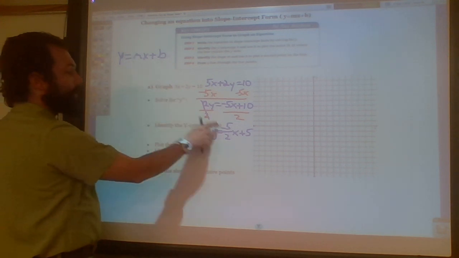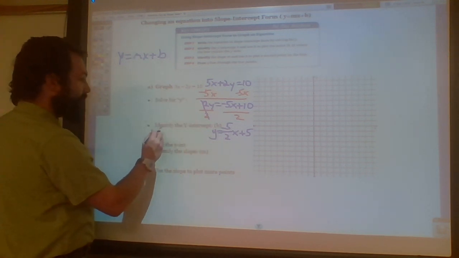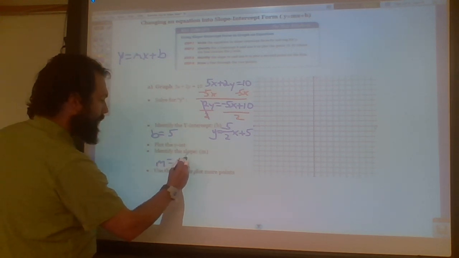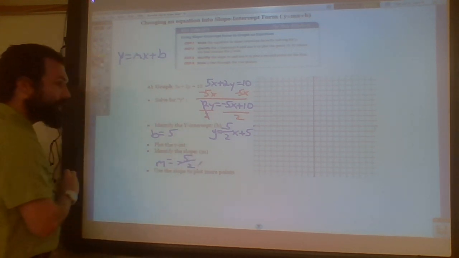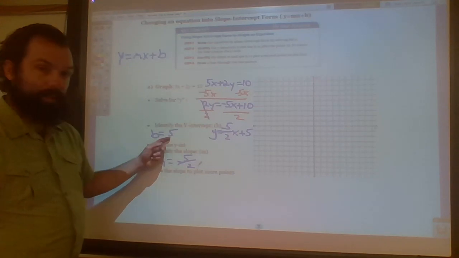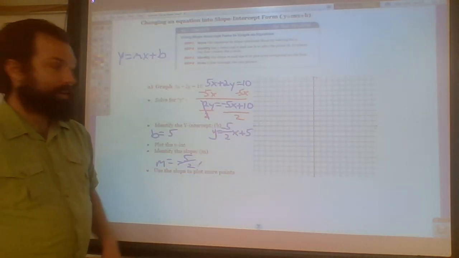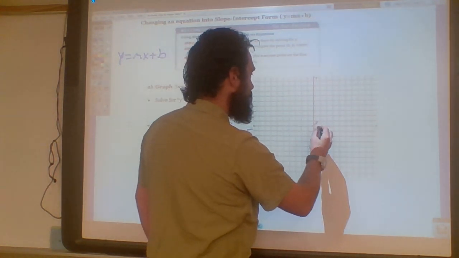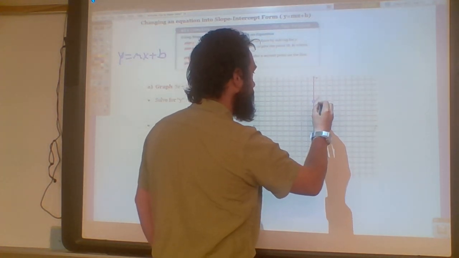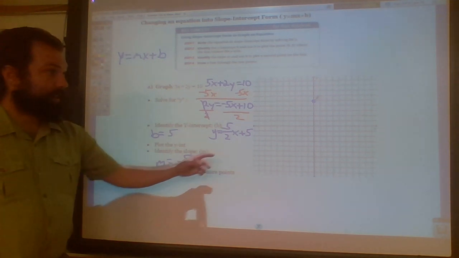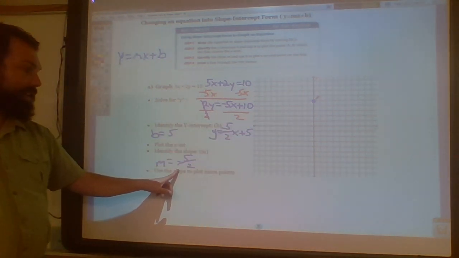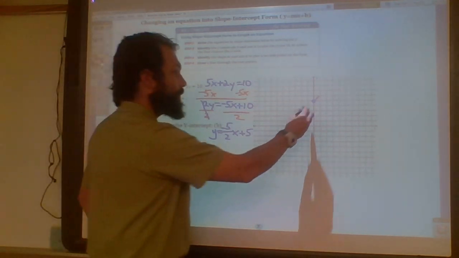Now that we're in y equals mx plus b, I can see the y-intercept is 5, and the slope is a negative 5 over 2. And we can use these two pieces of information to graph. I'm going to put the y-intercept on the graph, positive 5. And then starting at the y-intercept, I'm going to use the slope to find other points on the graph.